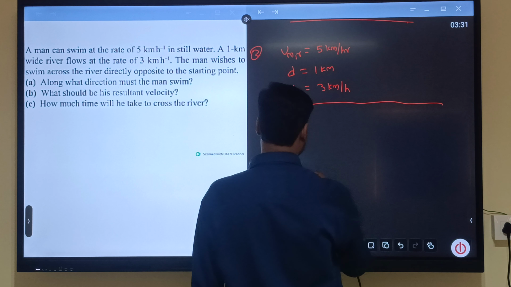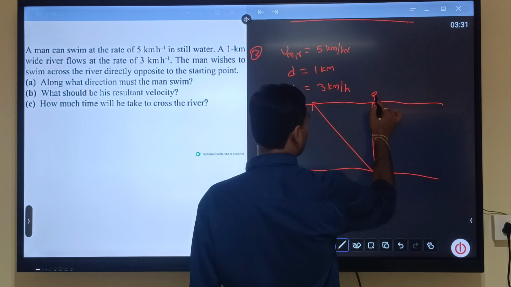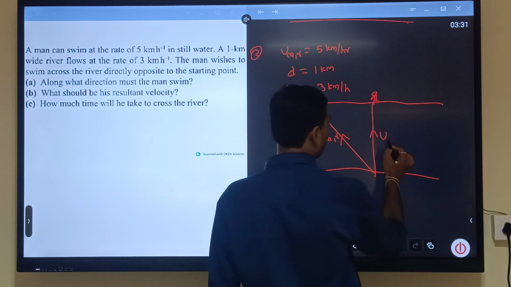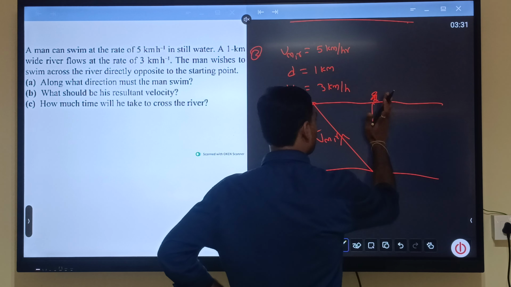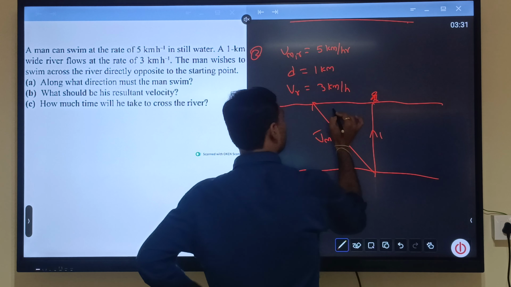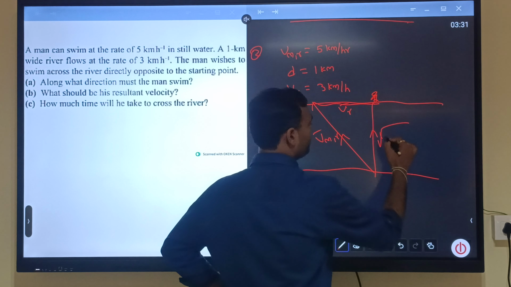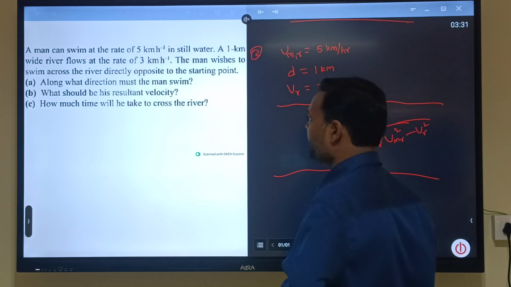So he has to reach exactly the opposite point, and this will be velocity of man with respect to river, this will be the velocity of the river, and this will be the square root of vmr square minus vr square.